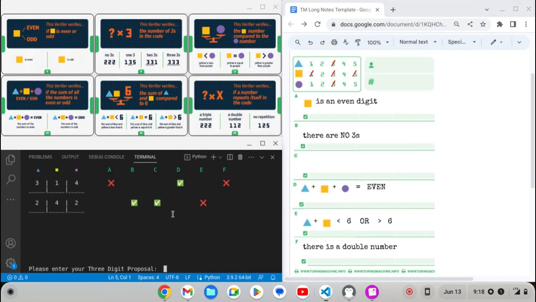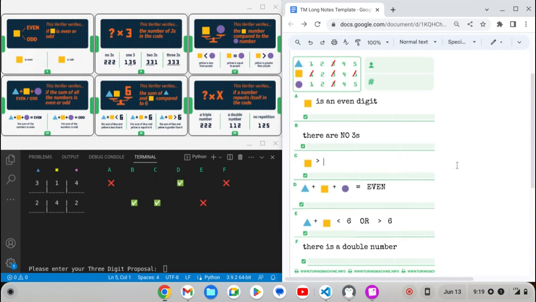Okay, so it does approve, and basically again we're comparing the middle and the last. If you notice, my square is greater than my 2, so that means that square is definitely greater than circle. The Turing machine approves of that. So let me write that down in C: square is greater than circle.